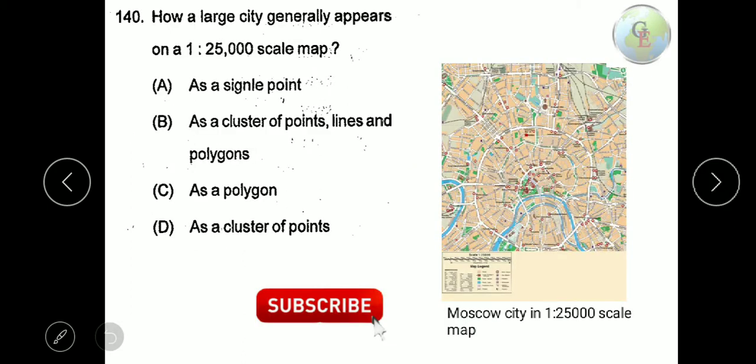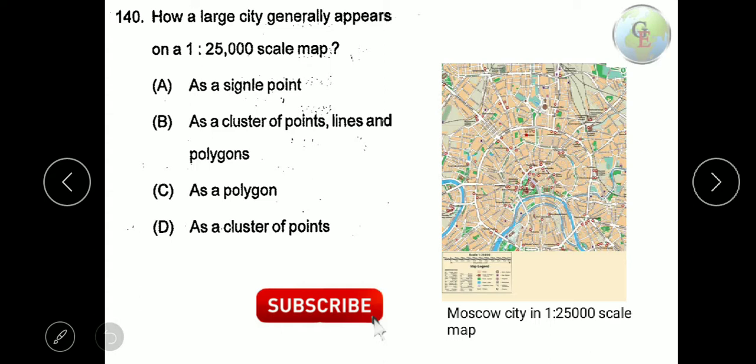Next question. How large does a city generally appear on a 1 is to 25,000 scale map? Option A as a single point, option B as a cluster of points, lines and polygons, option C as a polygon, and option D as a cluster of points.